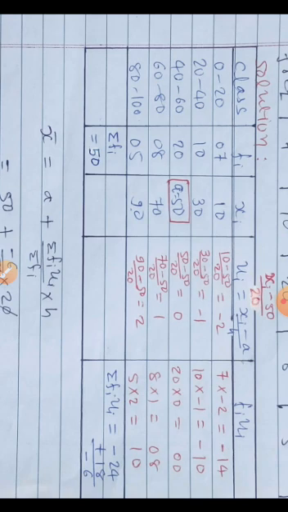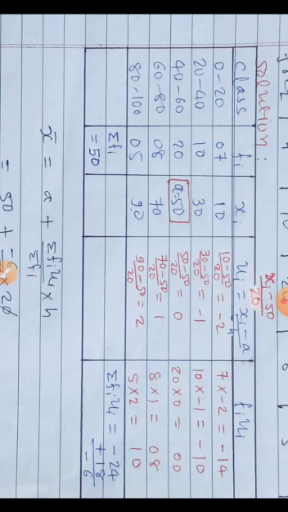So minus 14 minus 10 becomes minus 24, and 8 plus 10 becomes plus 18. So sigma fi ui we didn't get so far. Now what to do about minus 24 and plus 18? Now the sign is opposite.